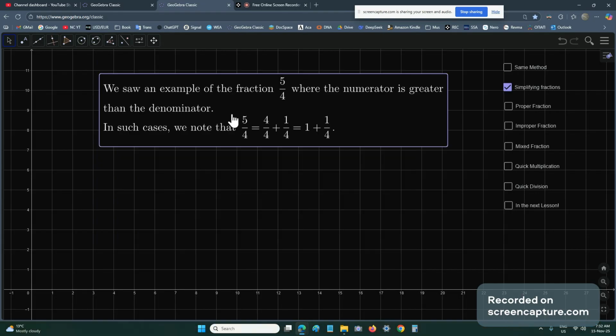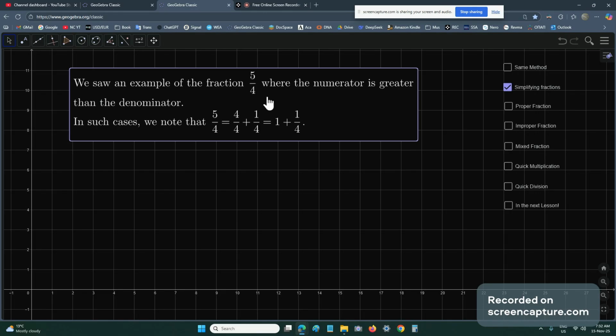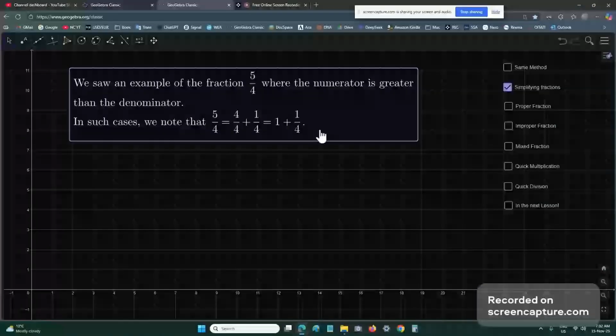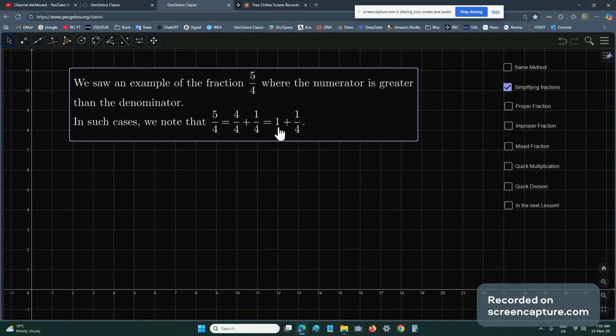So we saw an example of the fraction 5 over 4 where the numerator is greater than the denominator. What's happening here is that you're seeing a whole and part relationship where you're measuring using whole units and parts of the unit. But that's what you're doing anyway, because that's what 5/4 means.